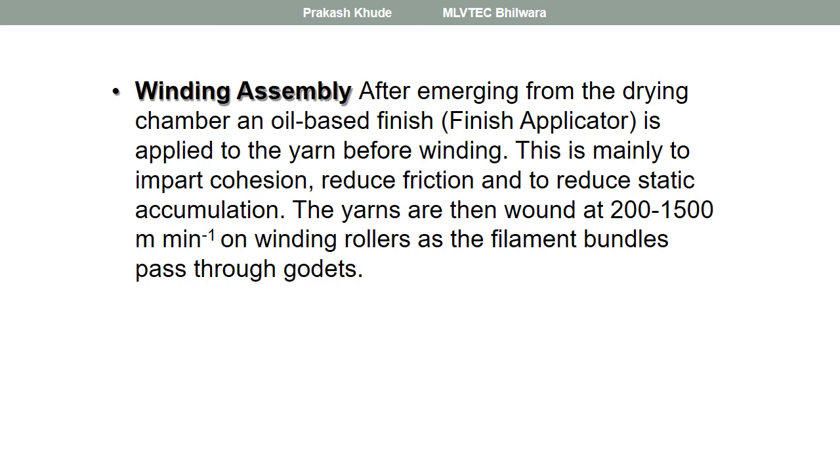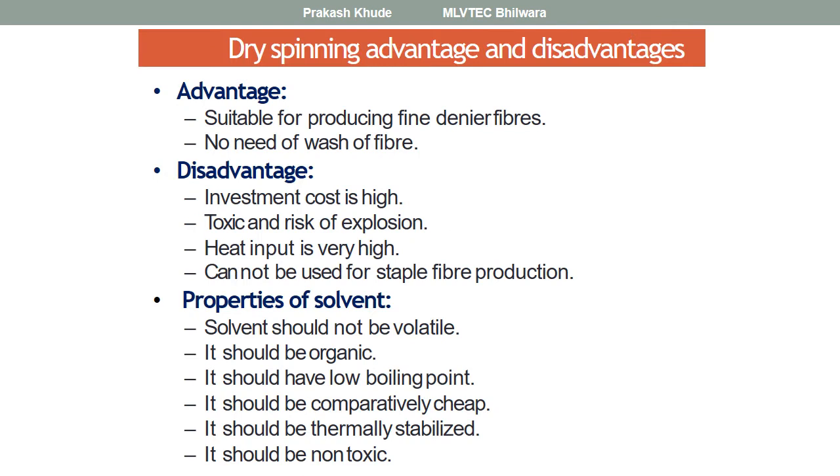In this lecture we have discussed dry spinning systems, and now we'll discuss the advantages, disadvantages, and the properties the solvent needs to have. First the advantages. Dry spinning is suitable for producing very fine linear fibers, and there is no need for washing the fibers, which is needed in wet spinning systems.